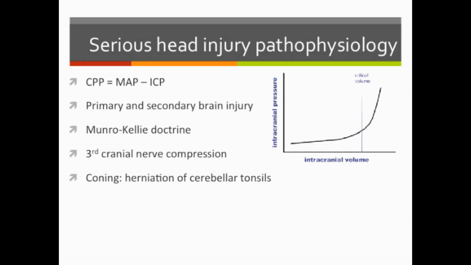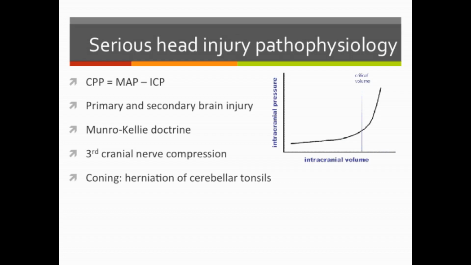And you can see on the graph that I've put on this slide that the rise in intracranial pressure is initially quite slow and steady, but once you reach a critical increase in volume, then all of those potential spaces have been compressed, and then you get a very rapid and devastating rise in intracranial pressure. So that's why patients can initially compensate and look like they're okay, and then suddenly deteriorate very rapidly.